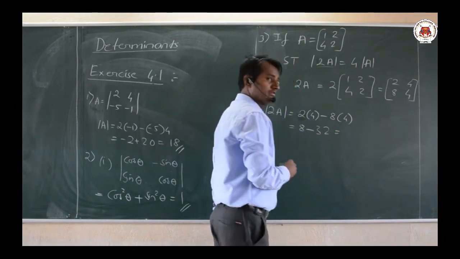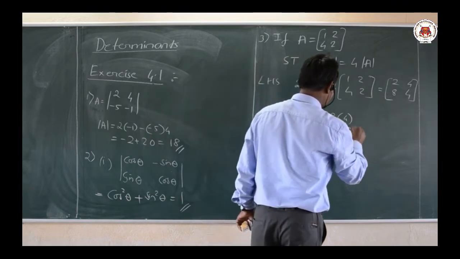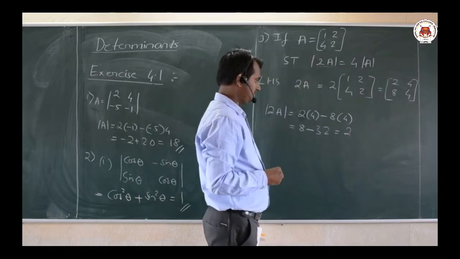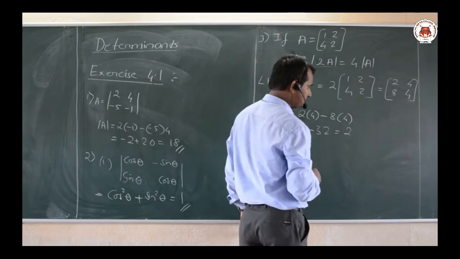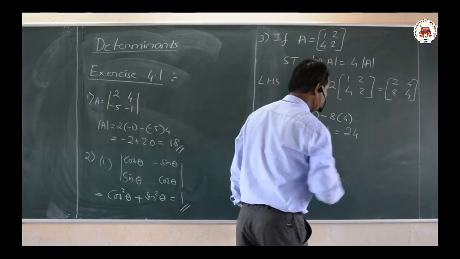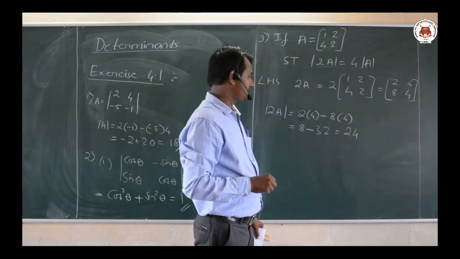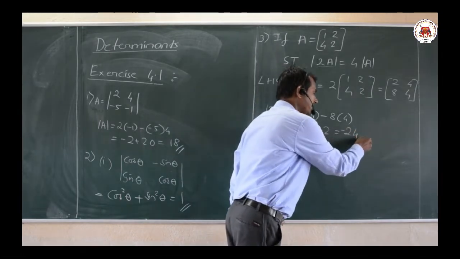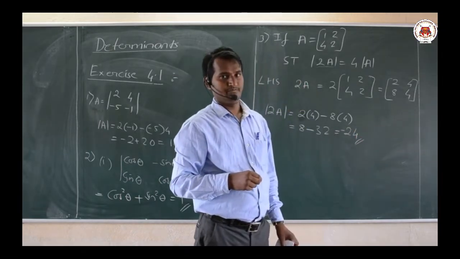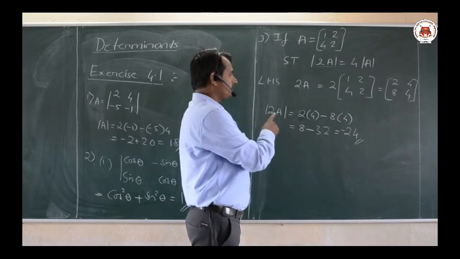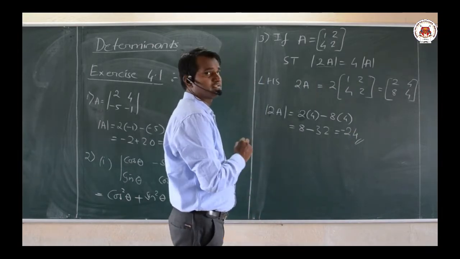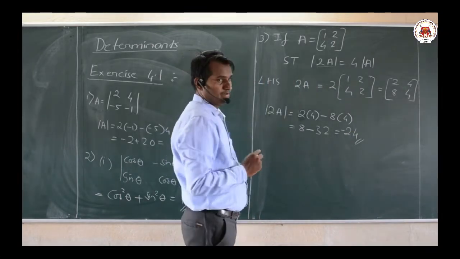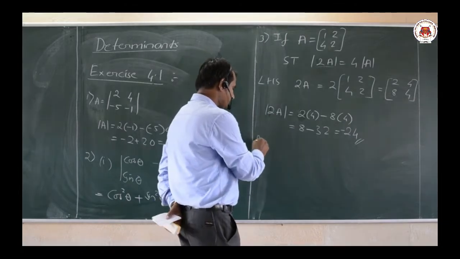What value do we get now? 8 minus 32, that is minus 24. The answer will be minus 24. This is all about the LHS part. The same answer I should get for the RHS part.